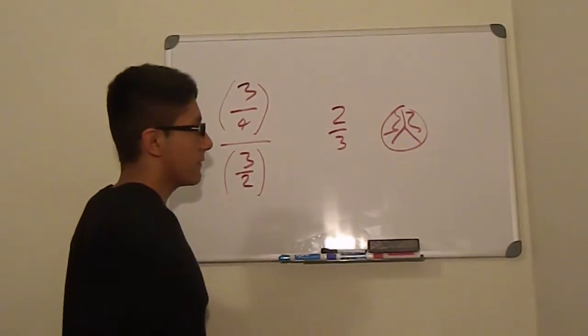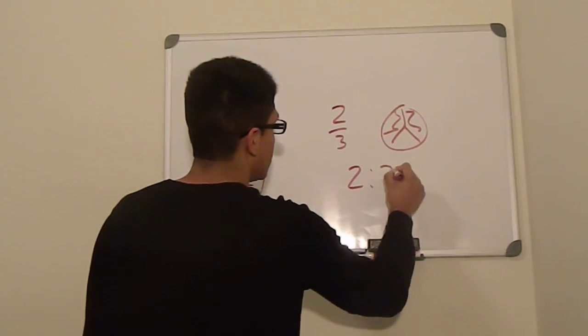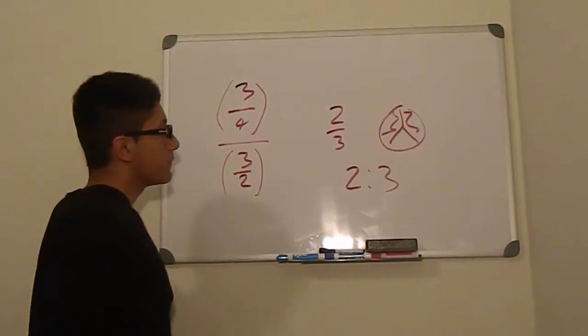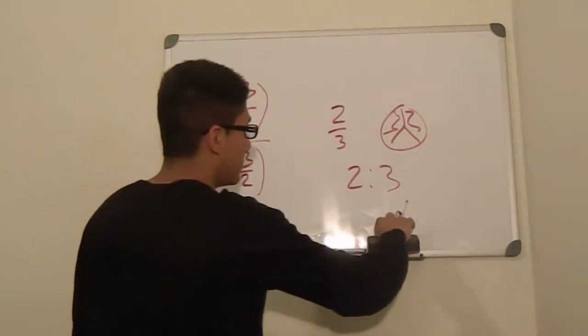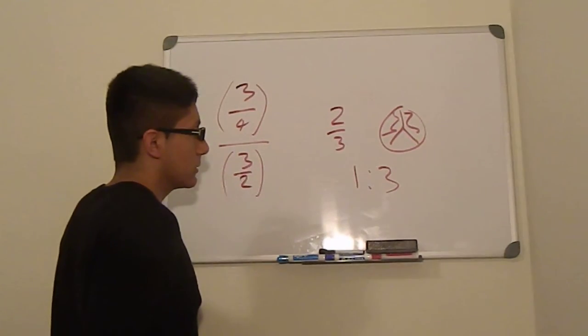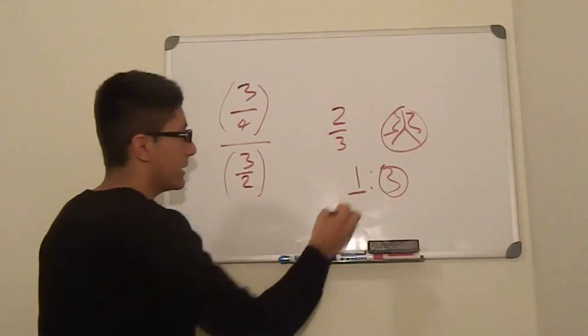Two out of three pieces of a pie, or it can be thought of as 2 to 3, which is a ratio. Correct? Now, when we simplify fractions, we want to have typically one of the ratios being 1. So we have to adjust this number so that we end up with a 1 here.